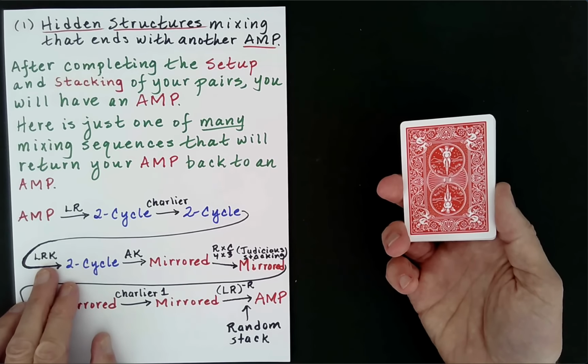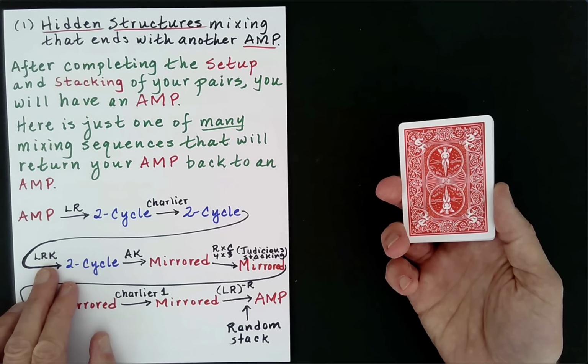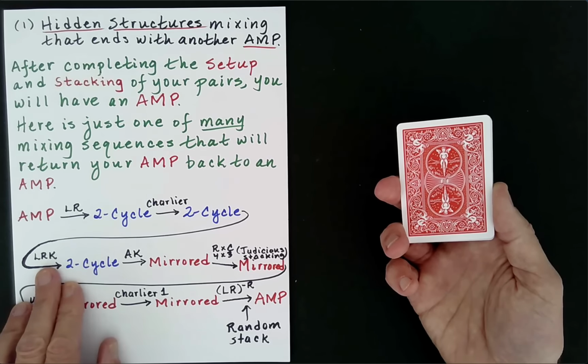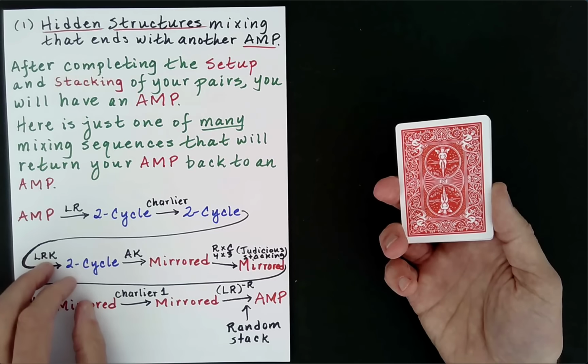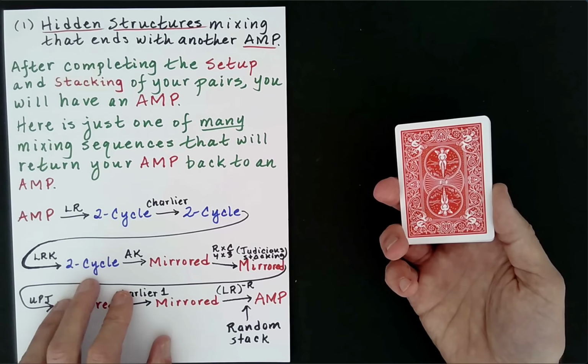You don't LR shuffle. We have never LR shuffled a 2 cycle. It destroys it. You can't. But what I discovered was if you pair it with a Klondike, it does constitute an automorphism on 2 cycles.